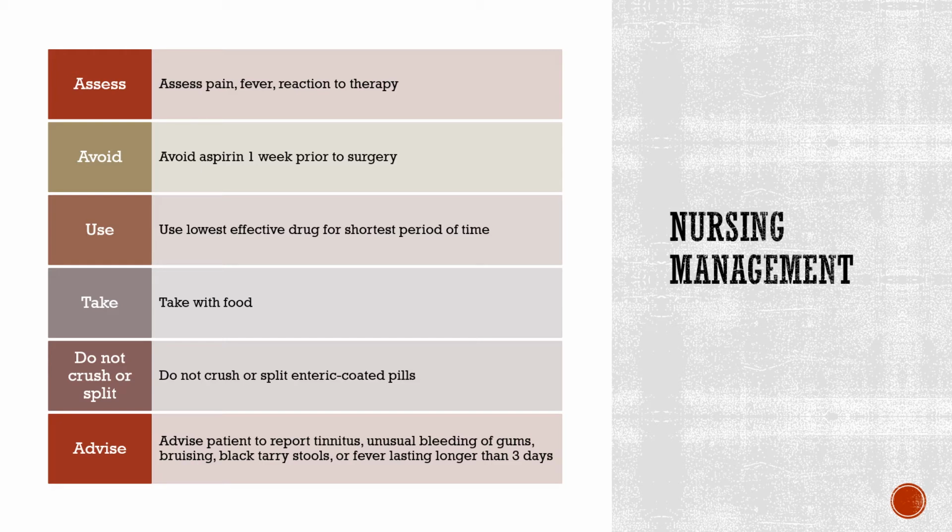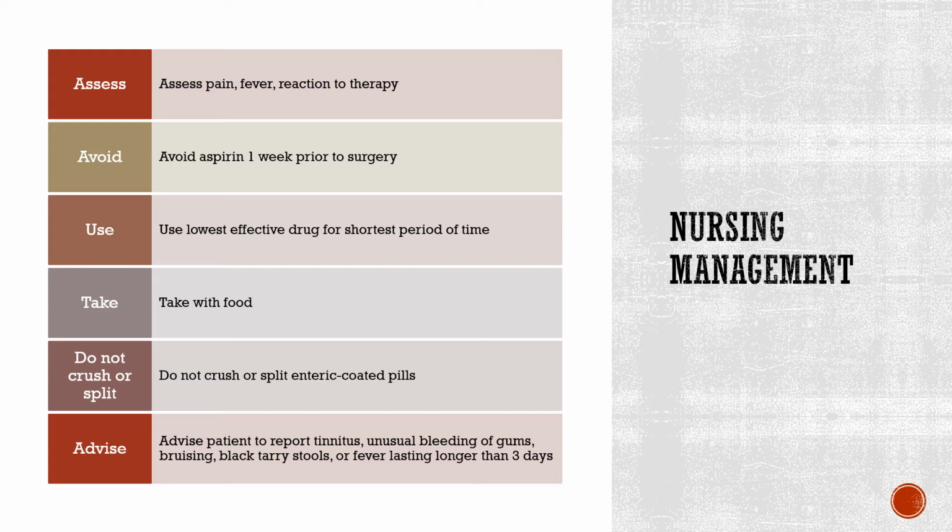We should always use the lowest effective dose for the shortest period of time. And I think that's true with any medication, but because of the GI upset potential, you should be cautioning your patient to take this with food. They should not be crushing or splitting any enteric-coated pills. And I think aspirin frequently is dosed that way because of the GI upset.